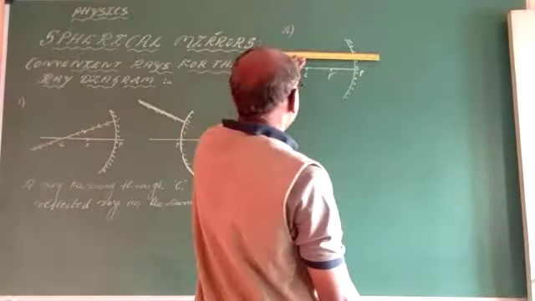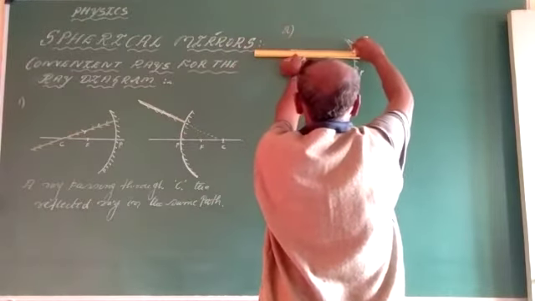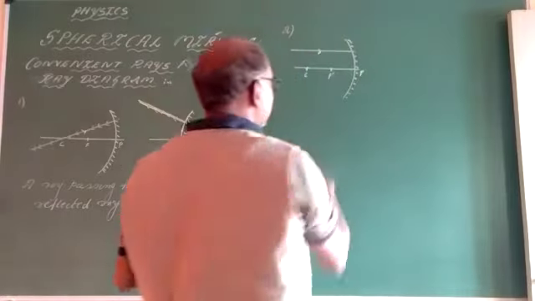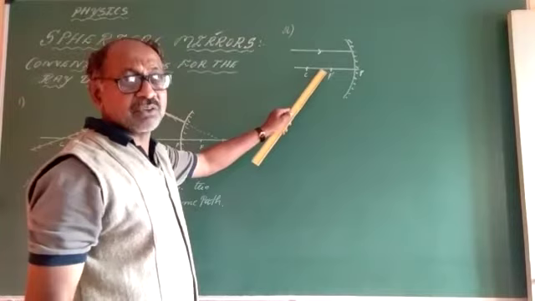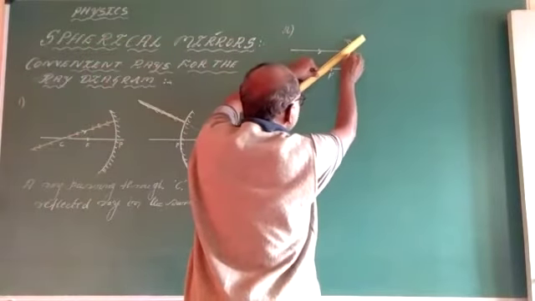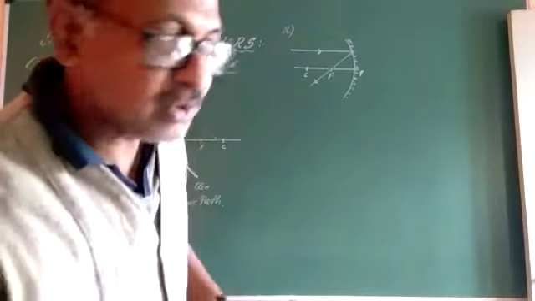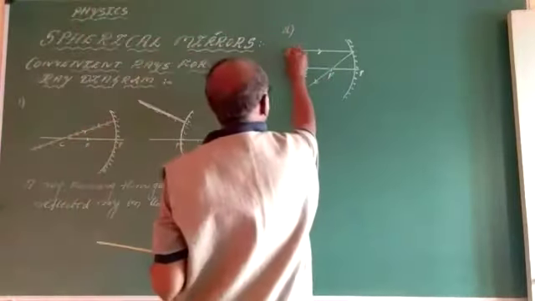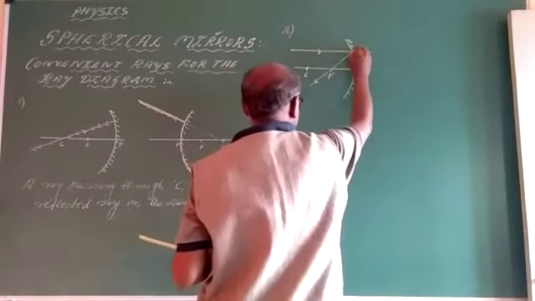Now a ray of light is parallel to the principal axis. The incident ray is parallel to the principal axis. Where does the reflected ray go? The reflected ray passes through the focus. I will mention it with color. This is called the incident ray.